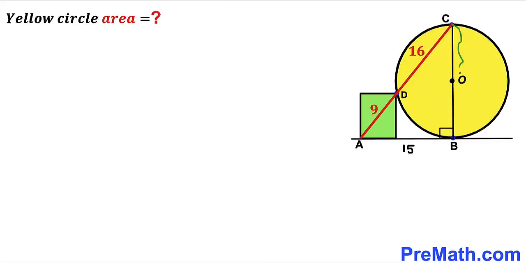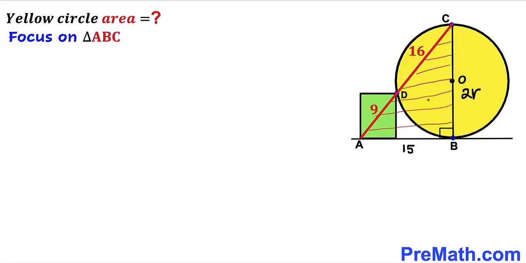Now let's make an observation: BC is the diameter of this yellow circle. I'm going to label OB as the radius, lowercase r, and likewise OC is radius lowercase r as well. So the whole diameter BC is going to be 2 times lowercase r.